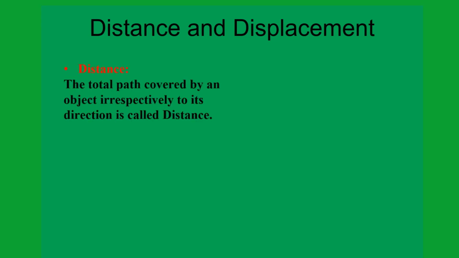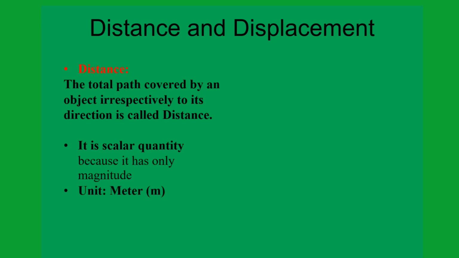Now, first topic of this chapter. First we have to learn about distance and displacement. What is distance? The total path covered by an object irrespective of its direction is called distance. So, it is a scalar quantity because it has only magnitude, no direction.